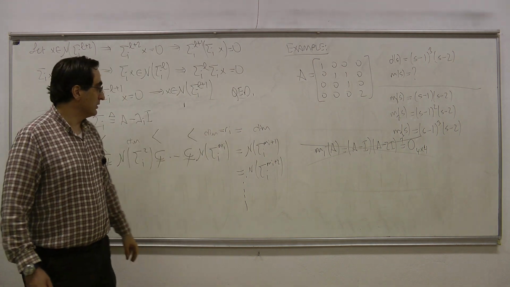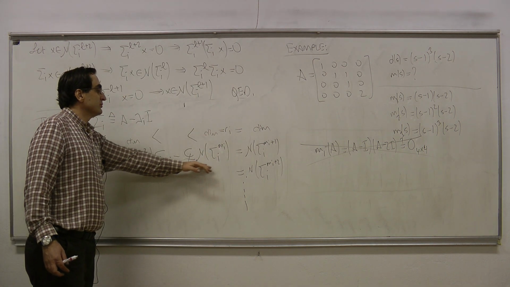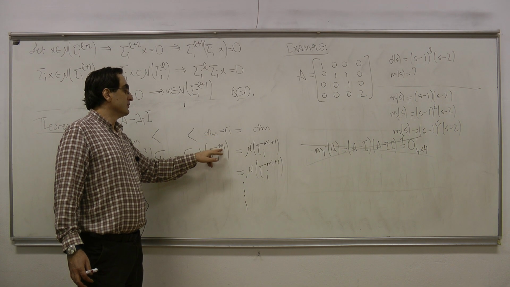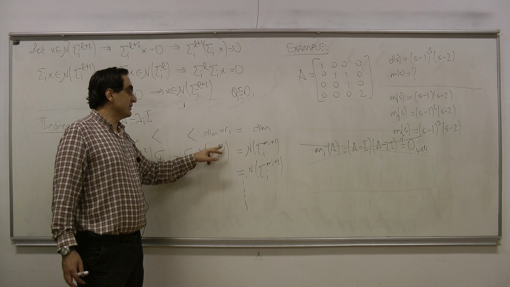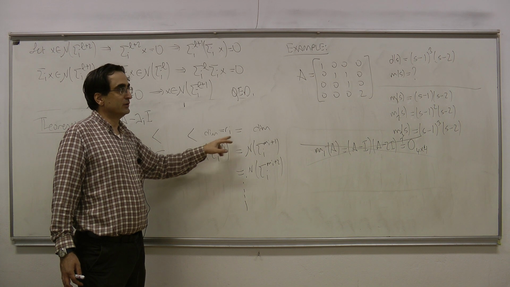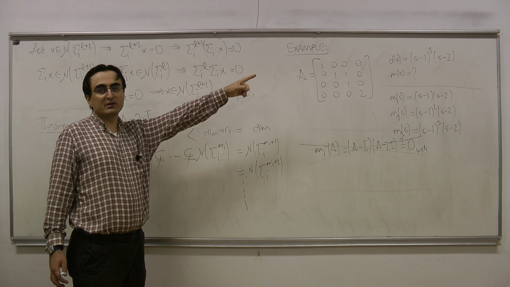I will look at the dimensions of these null spaces, and I will determine the power here at which I reach the characteristic polynomial power as my dimension. The characteristic polynomial power is 3.